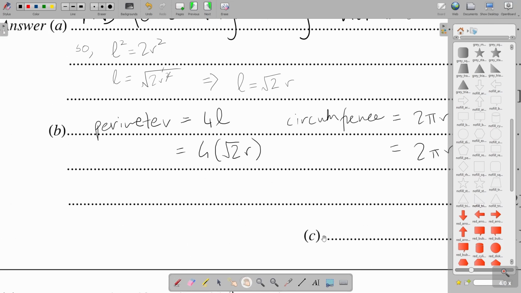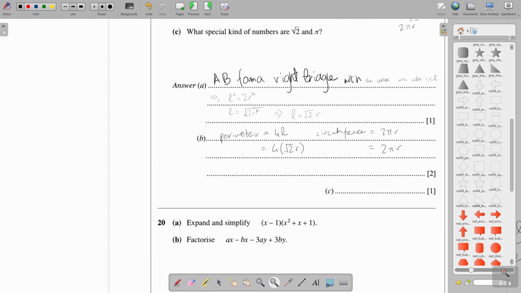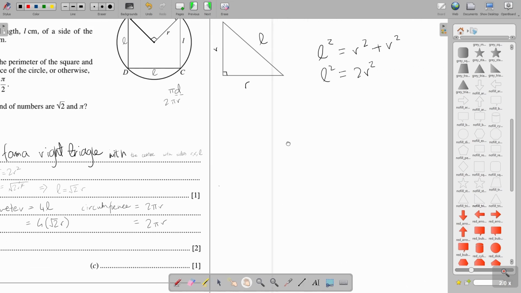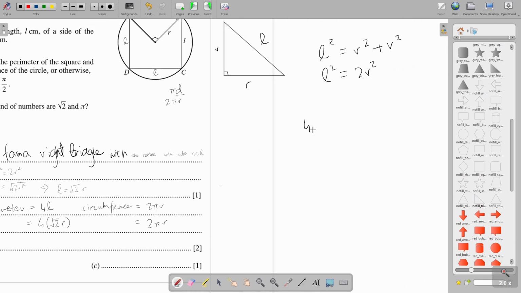So let me do this on the side before, because I feel like we're going to do a bunch of math. So this becomes 4 square root 2 r, and this becomes 2 pi r. Right, now what we can probably do is divide both sides by 2, so this becomes 2 square root of 2 r, and this becomes pi r.